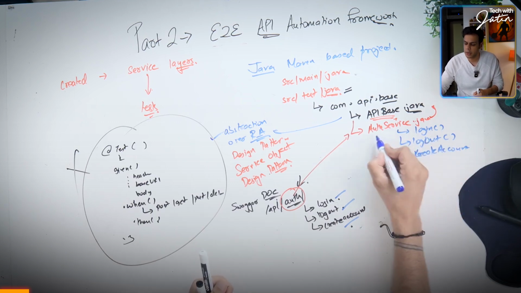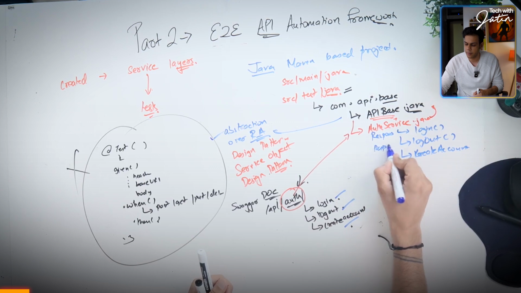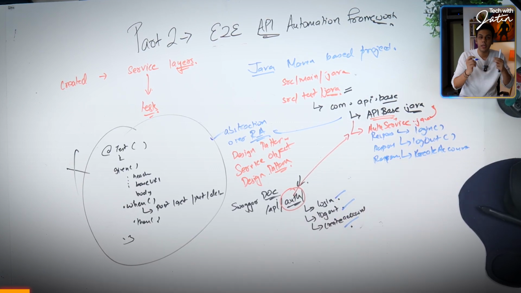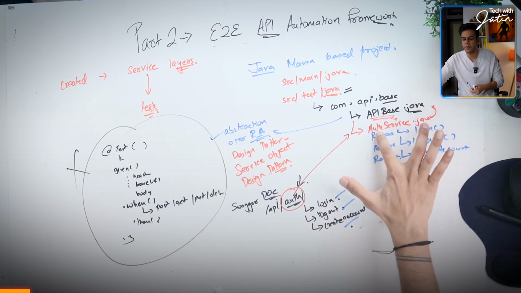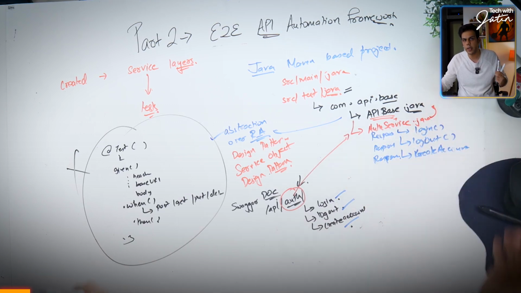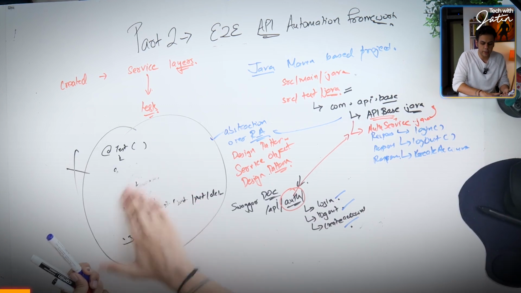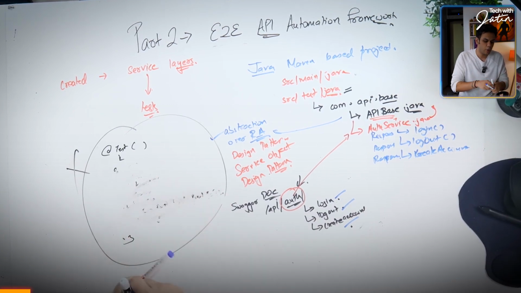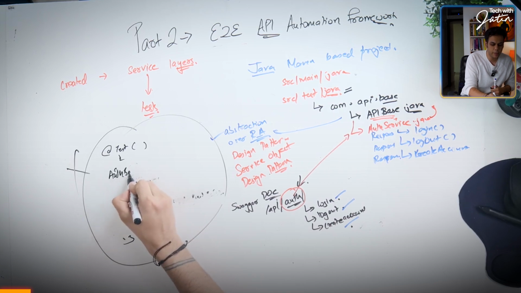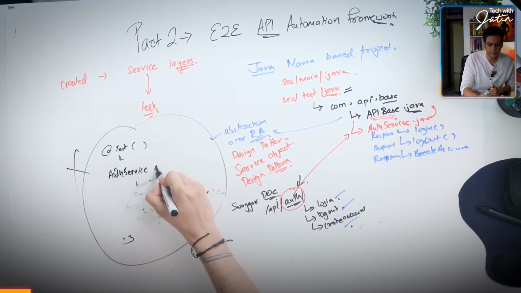So these methods will always return you the response. Because we have an auth service class which has these three methods, instead of writing the test scripts in given-when-then, I have to just create the object of auth service.